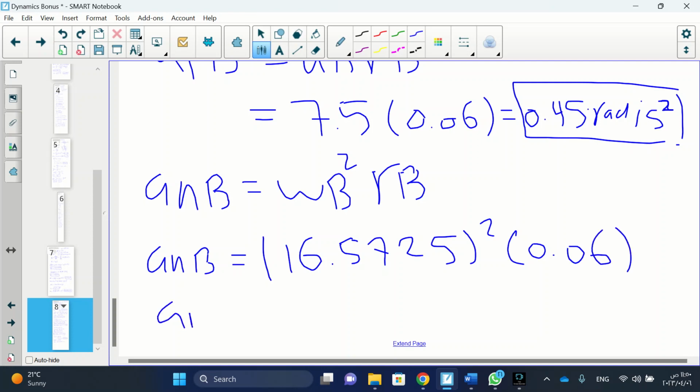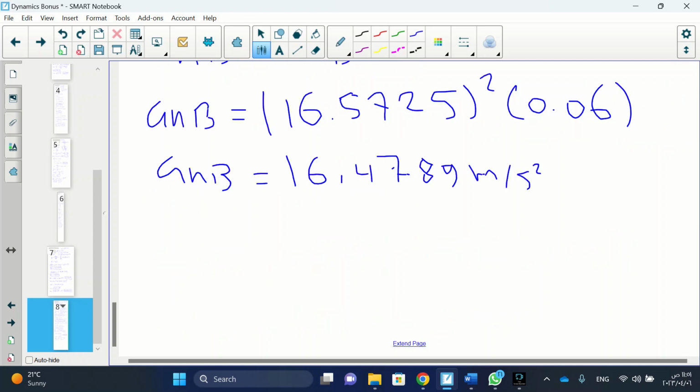So A normal at B will give you 16.4789 meter per second squared.